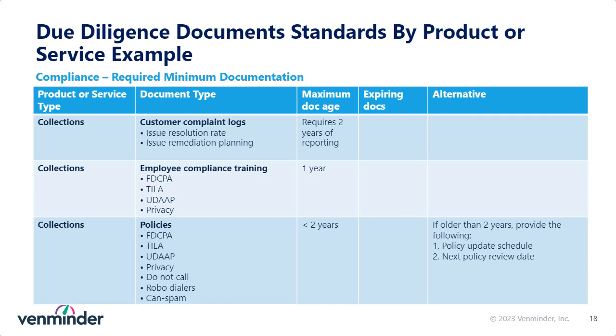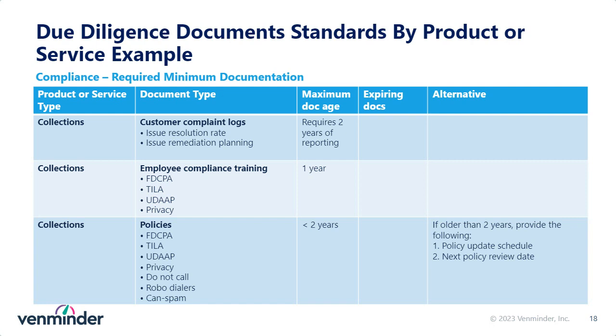For a collections vendor, this would typically include 2 years of complaint logs and employee training documentation related to various privacy laws and standards like unfair, deceptive, or abusive acts or practices from the CFPB. And in addition to evidence of employee training, you'd want to review the vendor's internal policies on those same standards.